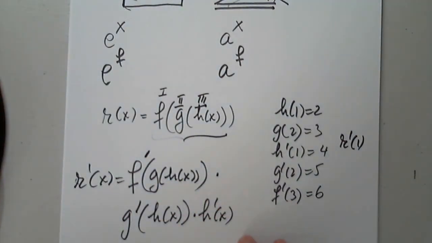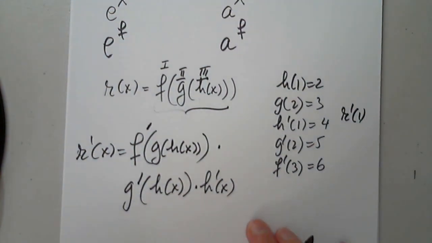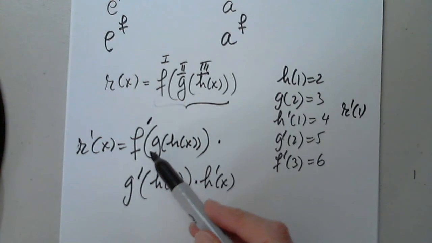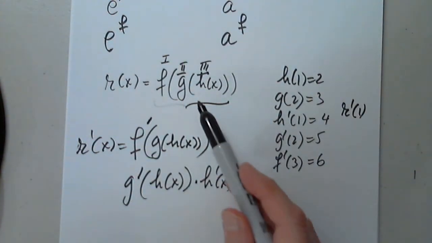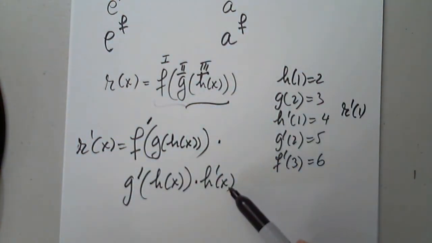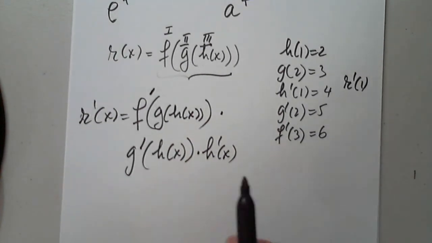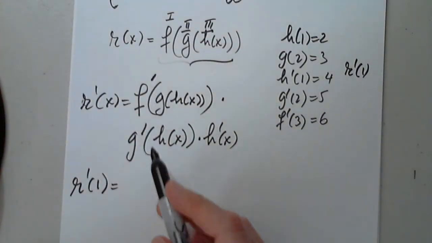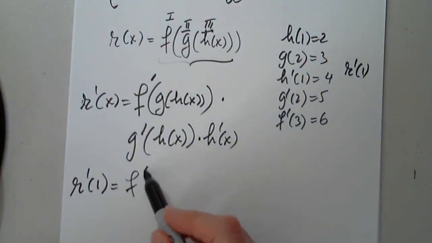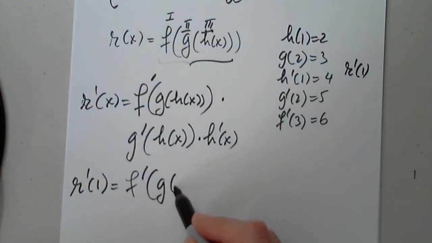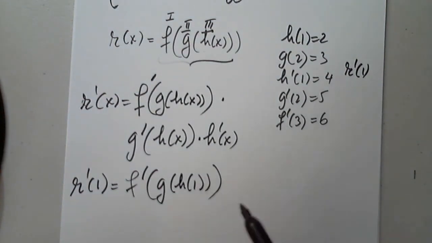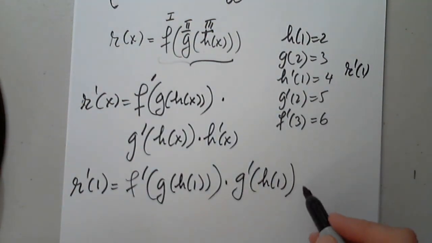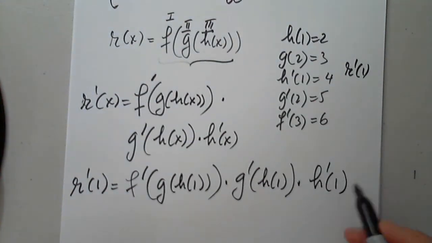This goes on as a chain. So if I want to determine r prime of 1, I have f prime of g of h of 1 times g prime of h of 1 times h prime of 1.